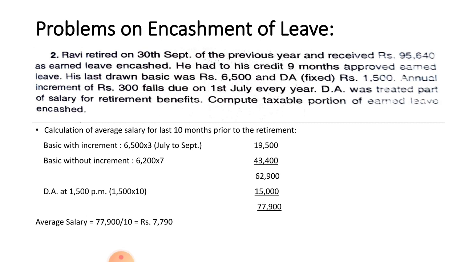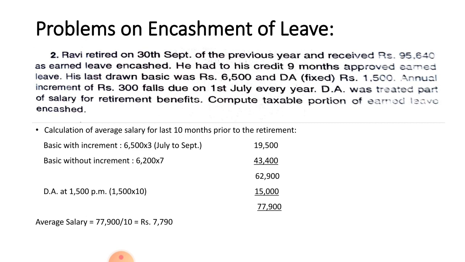Whichever is less, you have to deduct from the amount actually received. That amount will be your taxable portion. The amount which you deduct from the actual amount received is the exempted portion of leave encashed.